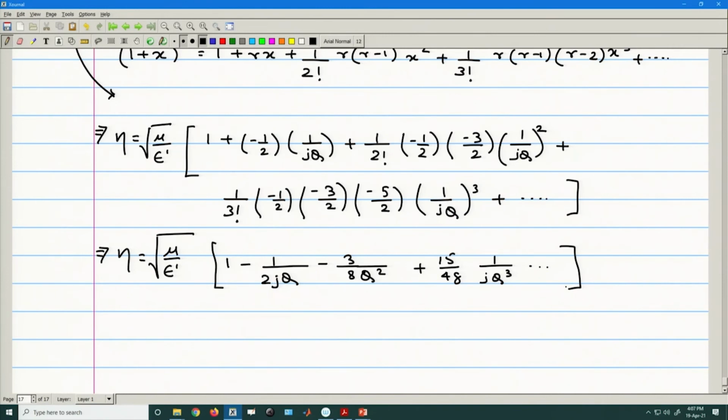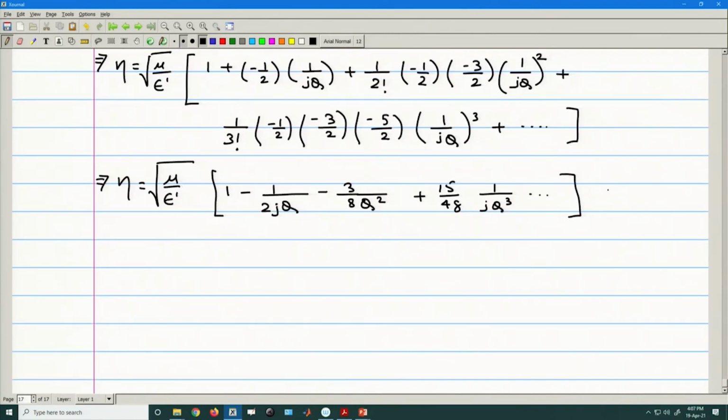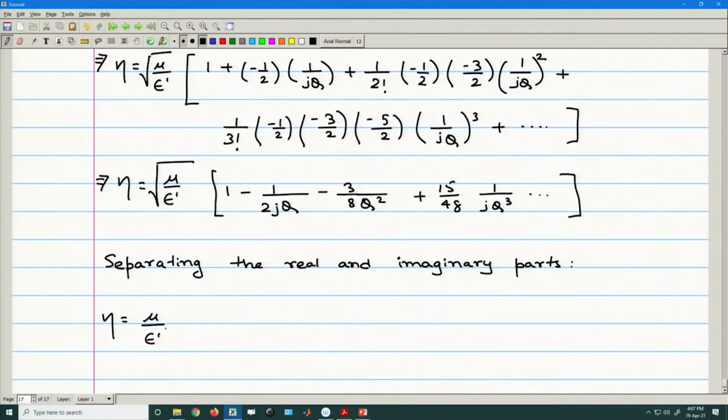Fine. Now again what we will do, we will separate the real and imaginary parts. Okay, so separating the real and imaginary parts as, we will get eta as mu by epsilon prime.